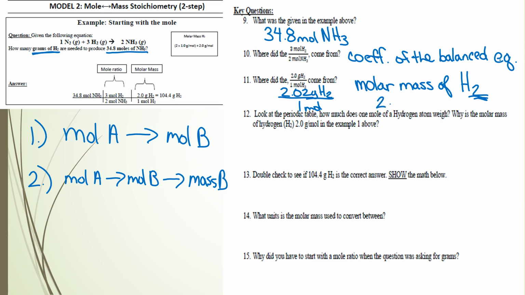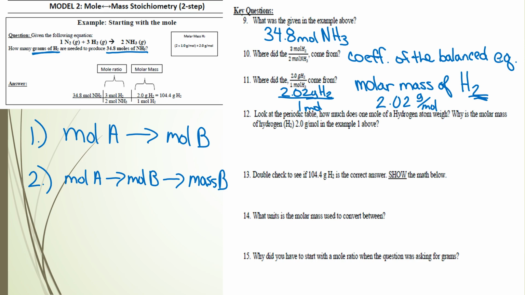When I say that this is 2.02 grams per mole, that's grams per 1 mole. For every 1 mole, it's 2.02 grams. 1 mole of H2 equals 2.02 grams. Good, I understand. All right.